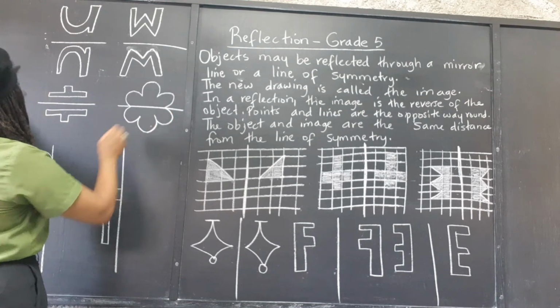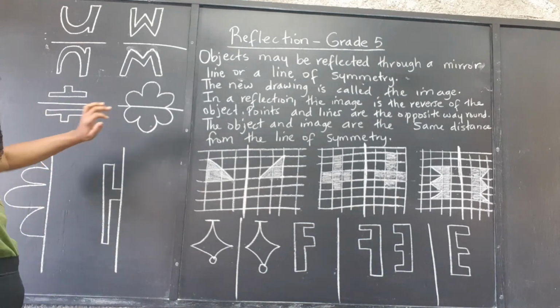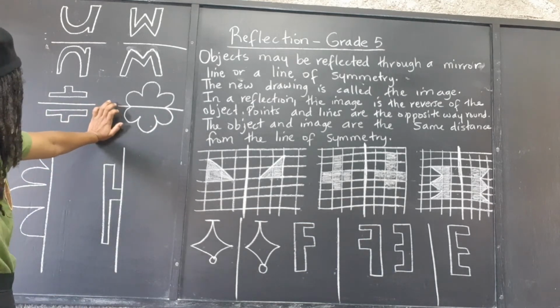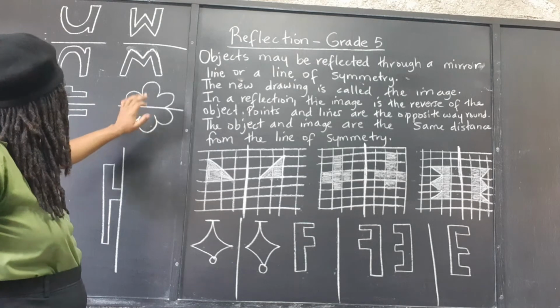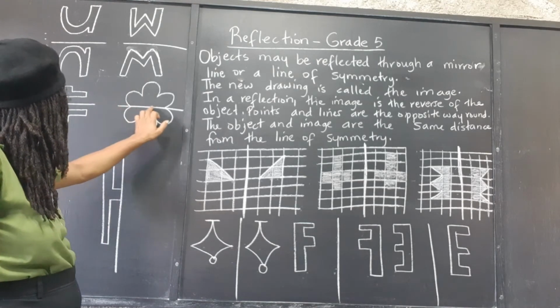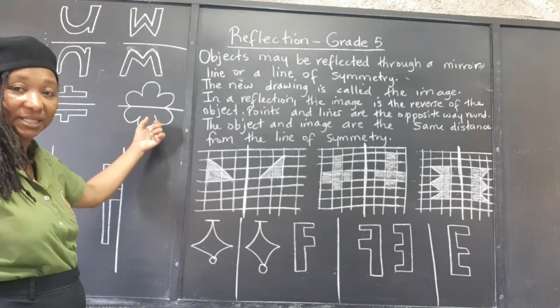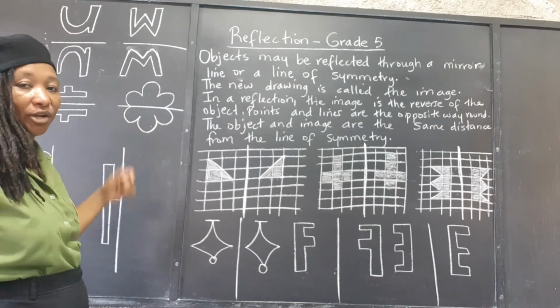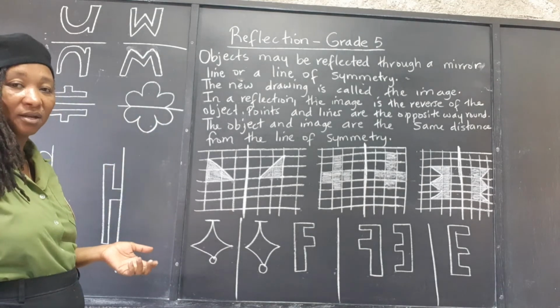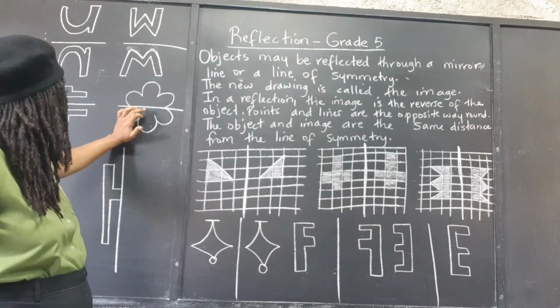There we have it. Now you notice the objects and the image are exactly on the mirror line for this. There is no space between the object and the image, and sometimes that happens.